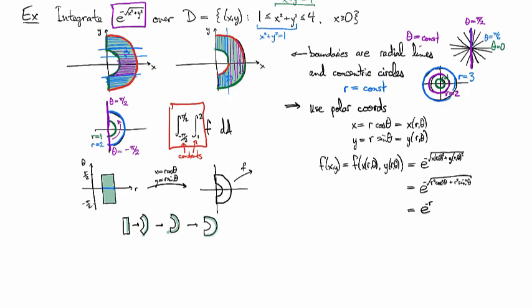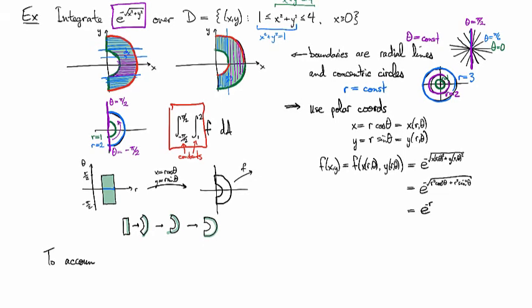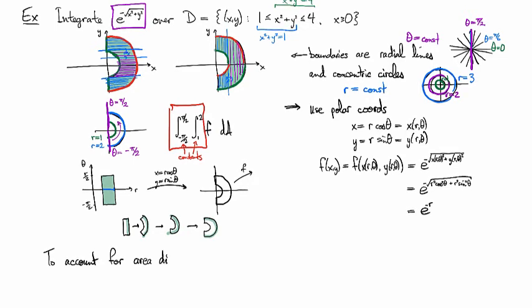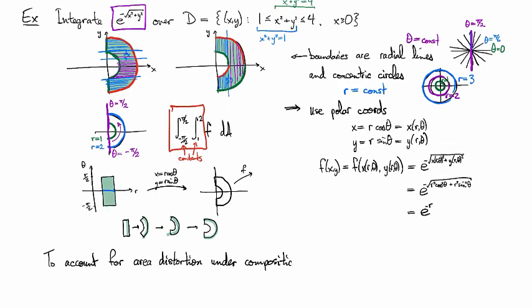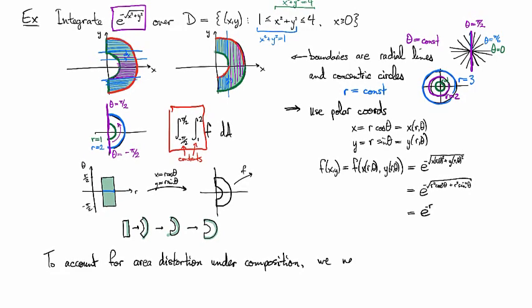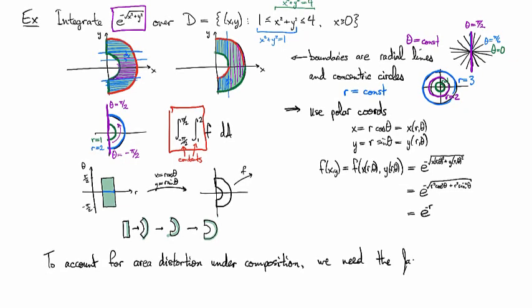And so to account for area distortion under composition, we need what's called the Jacobian.